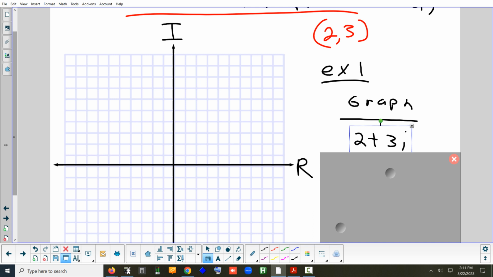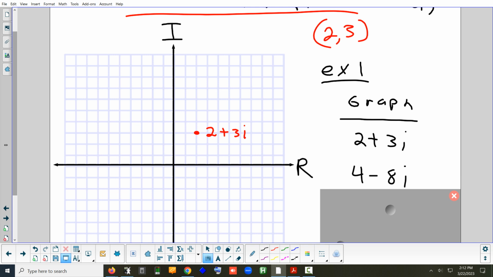So go to 2 on the real and go to 3 on the imaginary. And that's how you graph the point 2 plus 3i. That's it. What's really important about that point is the quadrant, because when we do the last thing we're going to do today, we're going to have to know the quadrant of this point. So that's quadrant 1.